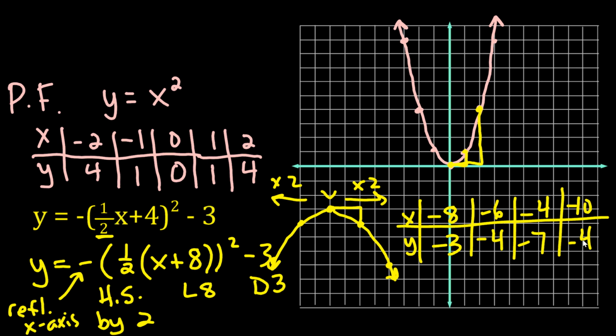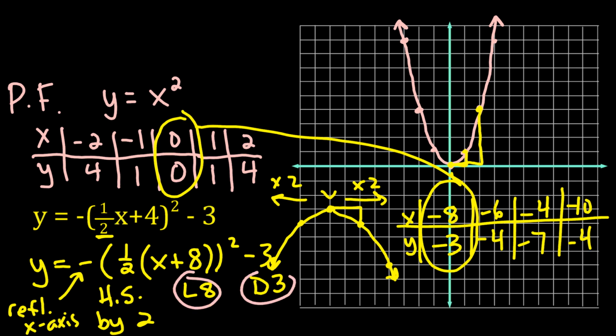So how do we do this table? If we wanted to make a table without having to graph it, how would we do that? Well, this 0, 0 corresponds with the new vertex, and that is -8, -3, because it moved to the left 8 and down 3.